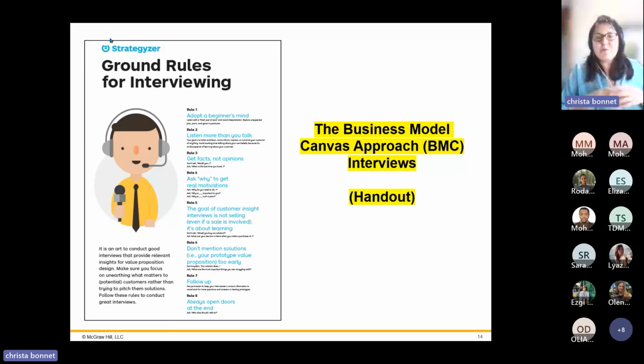So I'm going to share almost everything I've learned over the next few weeks in alignment with the other subject matters that we are going to do. So we've uploaded a document there, just ground rules for interviewing for the business model canvas. So you can go through that in your own time. But the main rules, I will quickly go through.